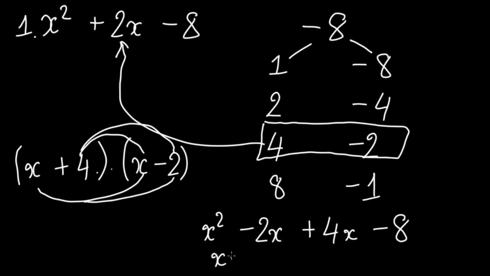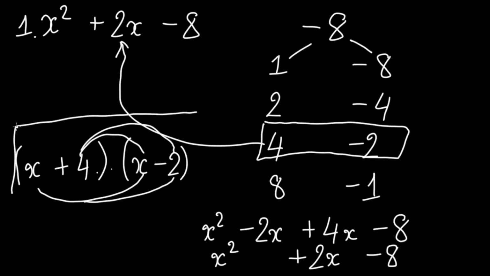So we got x squared, negative 2x plus 4x, which is positive 2x, and then minus 8. And this is exactly the original expression. So therefore, this is the final answer for this question.